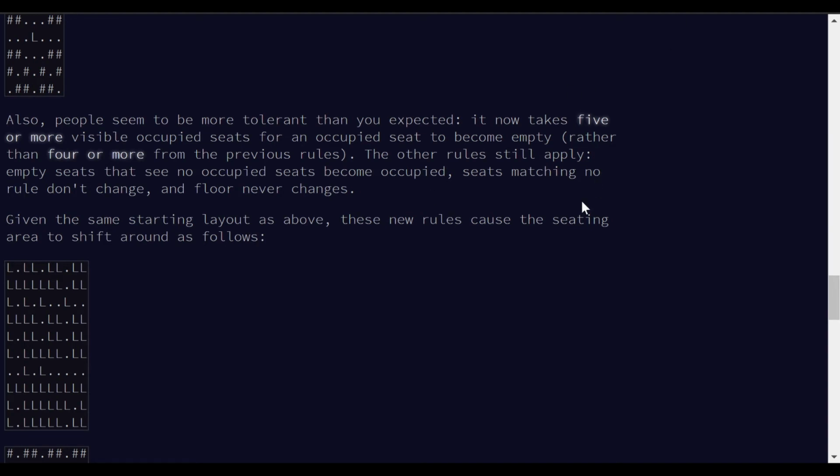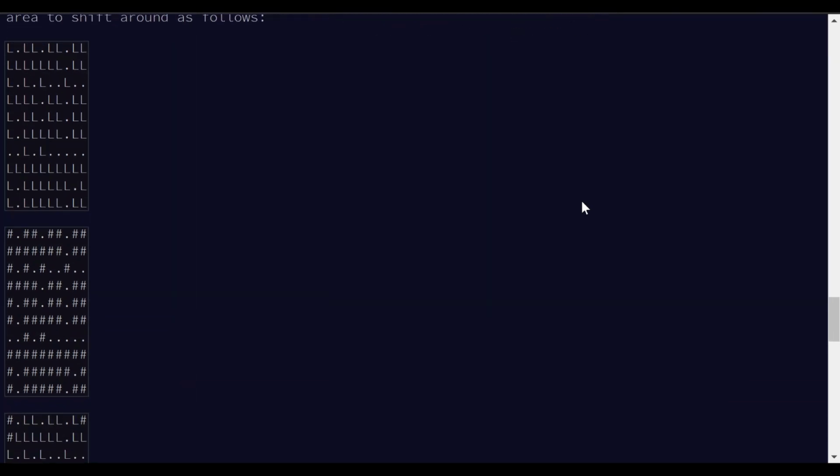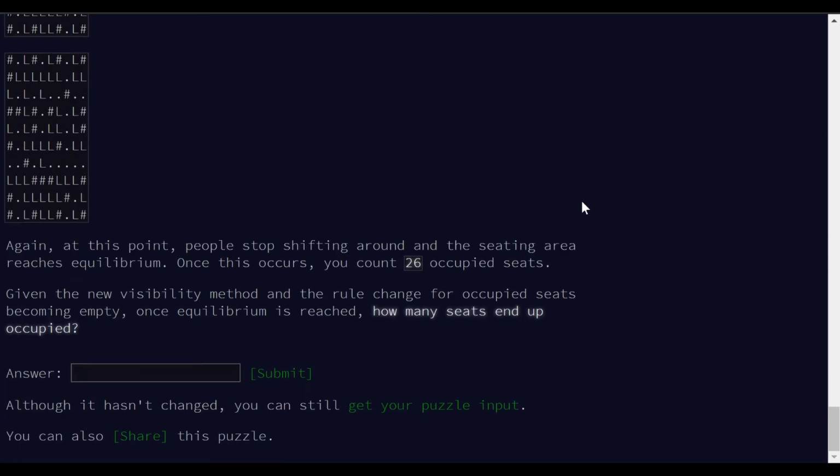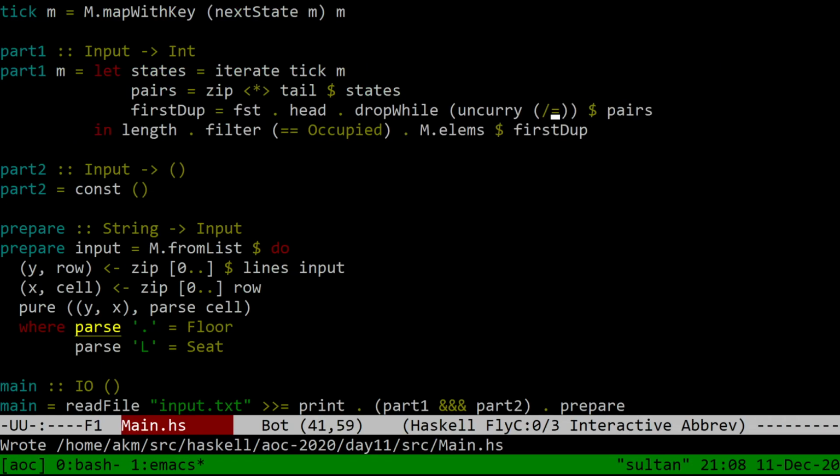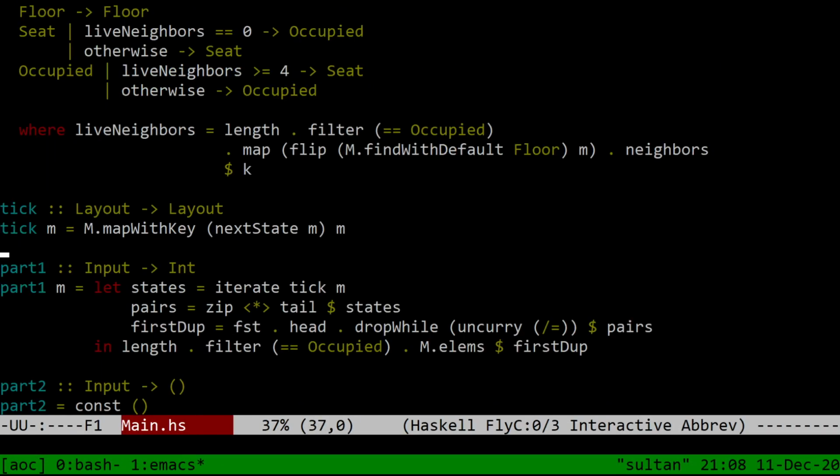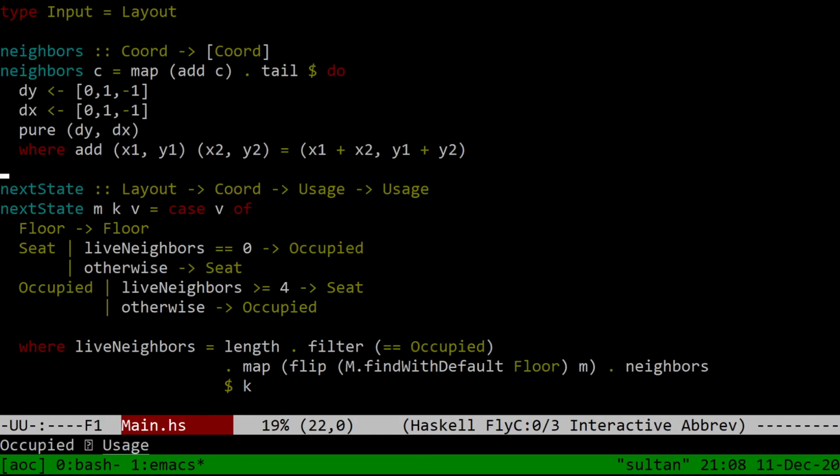Sure. So this is why I thought it might be useful to parameterize by a transition function. But the transition function is basically just map with key. I think that what we want to do, we can't just parameterize by a function that takes a coordinate and returns a coordinate.